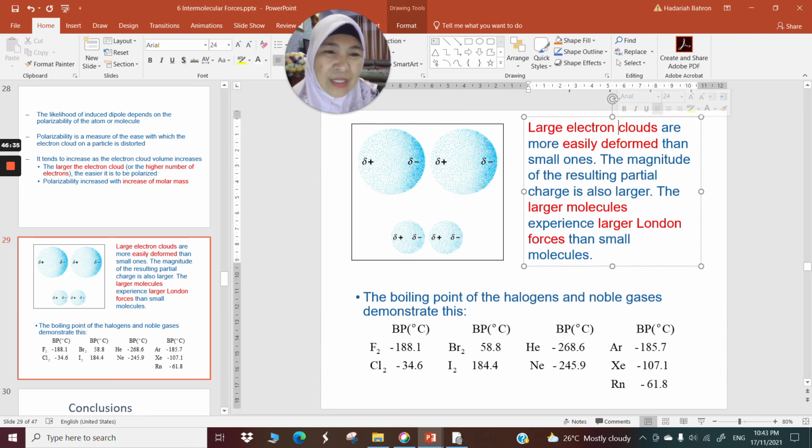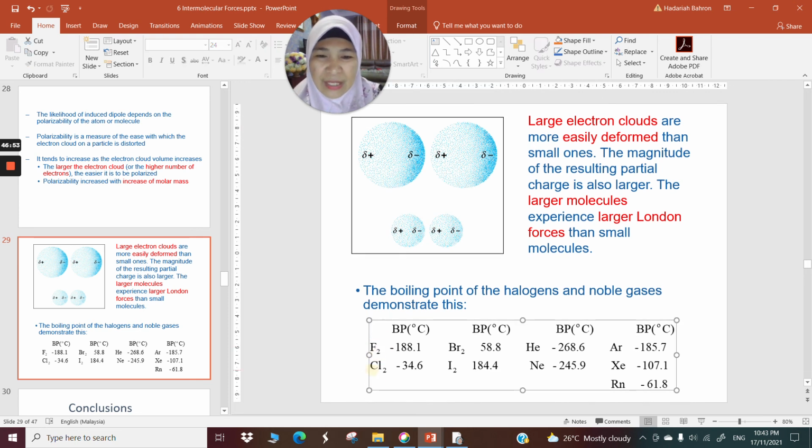Large electron clouds are easily deformed compared to small ones, resulting in larger partial charges, and the larger molecules will experience larger London forces than the smaller molecules. As you can see here, fluorine is small, chlorine is big. Fluorine has a small number of electrons, whereas chlorine has more.